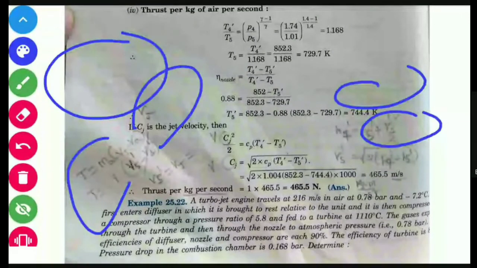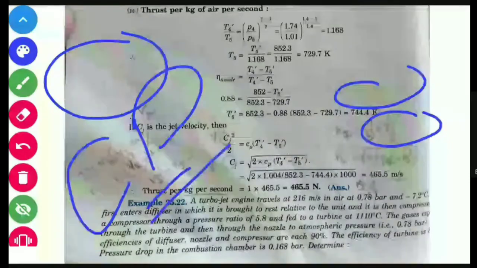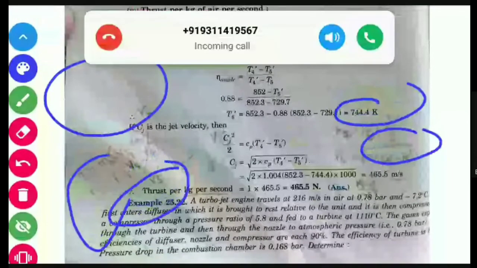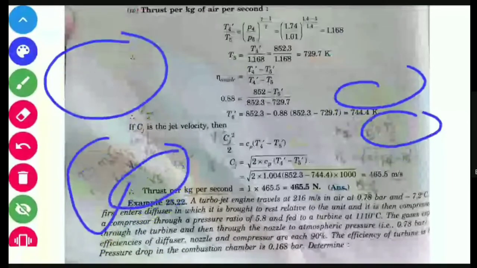But as per our earlier discussion, V4 is neglected. That means the only remaining is V5, where mass is 1 kg. Thrust is nothing but Vj or V5 dash. So you just have to find out V5 or Vj.